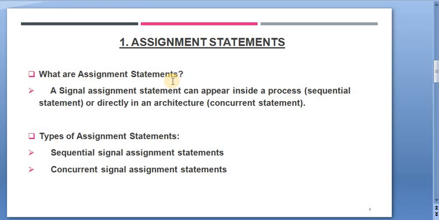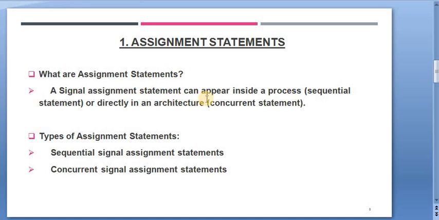Now the basic definition of signal assignment statements says that these are the statements by which there is data flow through the entity inside a modeling style. What it means?